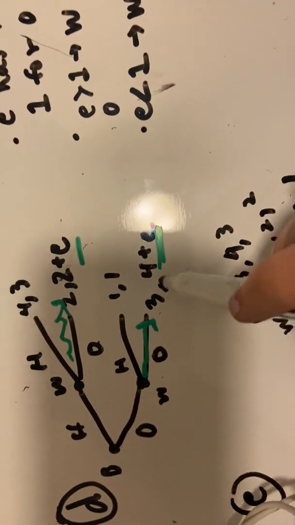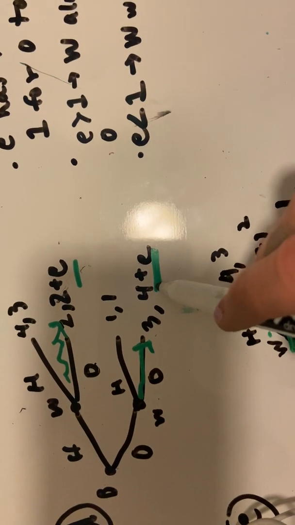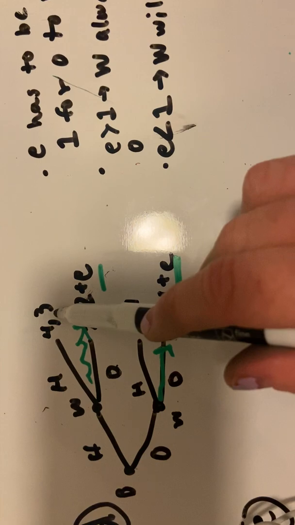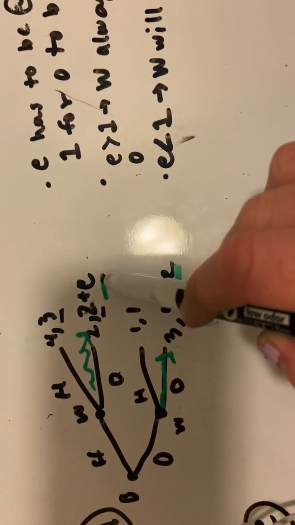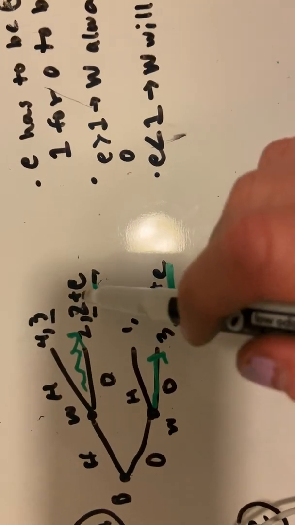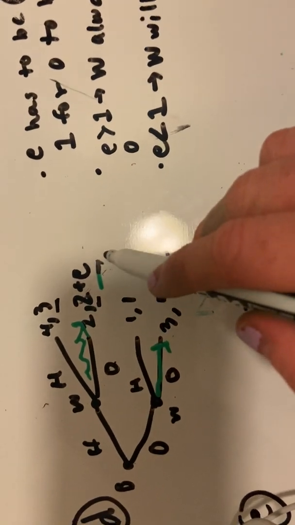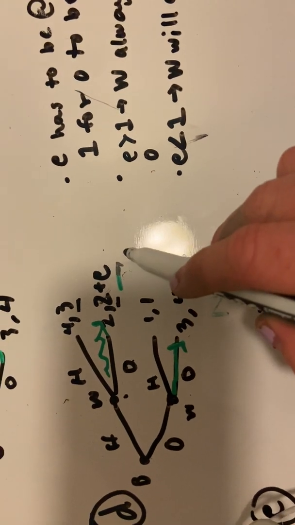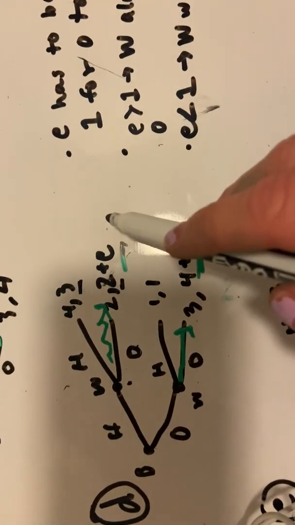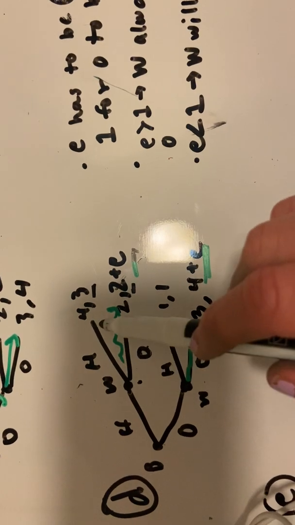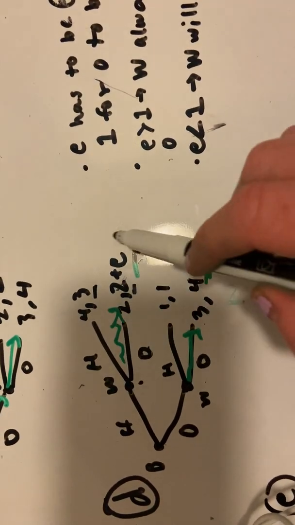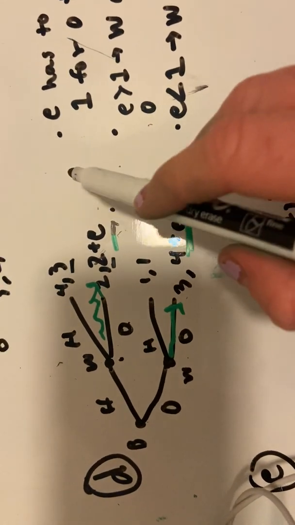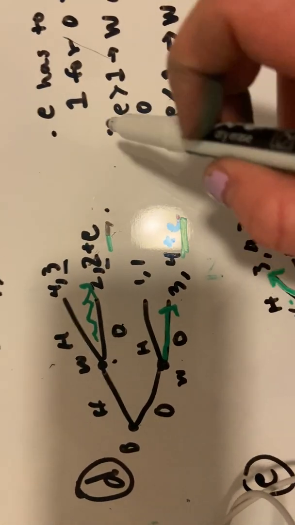Here 4 is always going to be greater than 1, even with the addition of E. Here you have 3 or 2 plus E. So if E is greater than 1, then winery will always choose O. However, if E is less than 1, winery will choose Hilton because of the higher payoff. So essentially, E has to be at least 1 for O'Hara to be chosen.